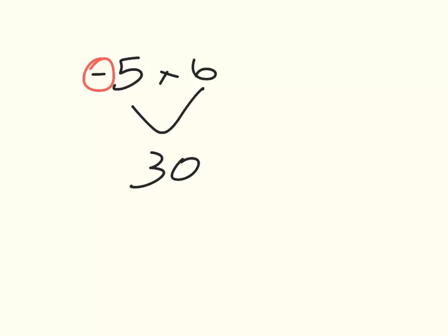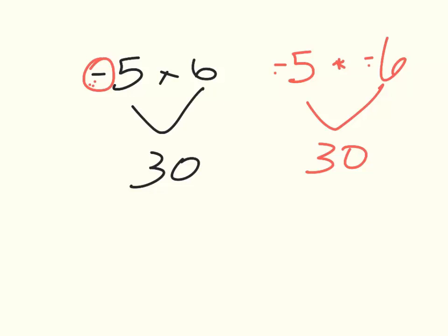In other words, let's say the problem instead was -5 times -6. The answer would still be 30, but over here we have only 1, and over here we have 2.